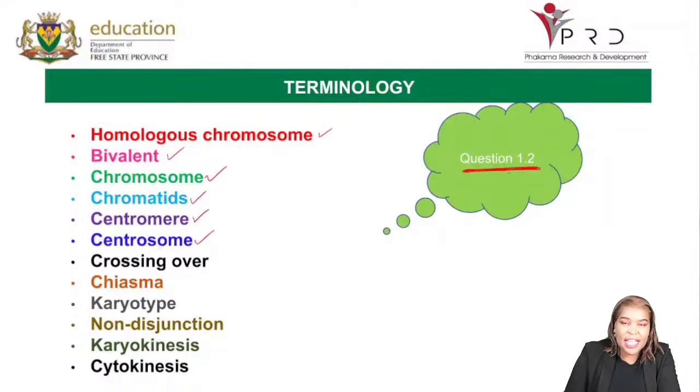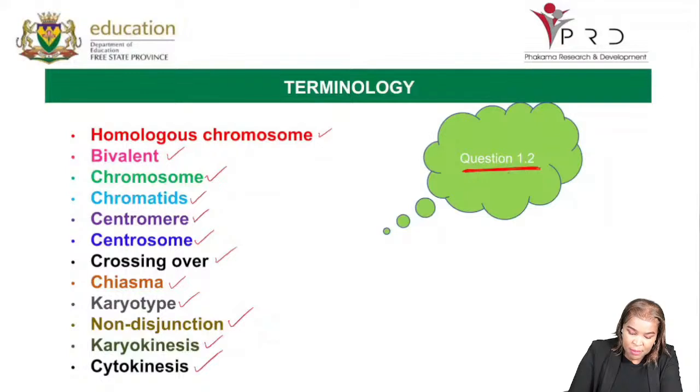What is a centrosome? What is crossing over? When we talk about crossing over, what do we mean? What is a chiasma? What is a karyotype? What is nondisjunction? What is karyokinesis? And what is cytokinesis?